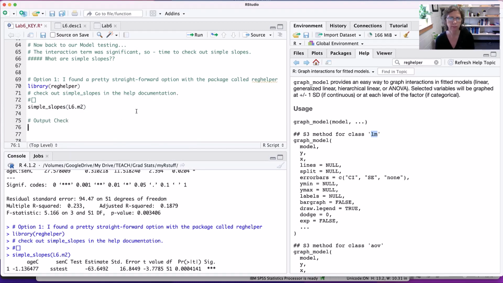We would do, oops, if I can spell, graph model. The model was L6 M2, y equals job sat.